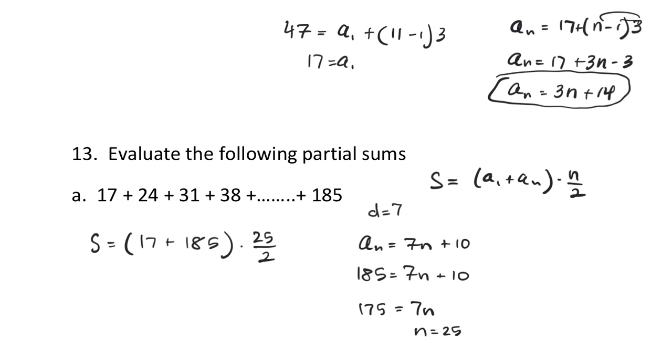So 185 plus 17 is 202. And if we multiply 202 times 25 halves, we get 2,525.